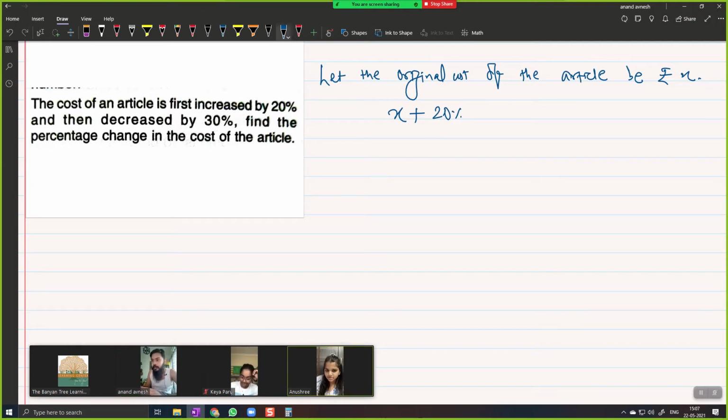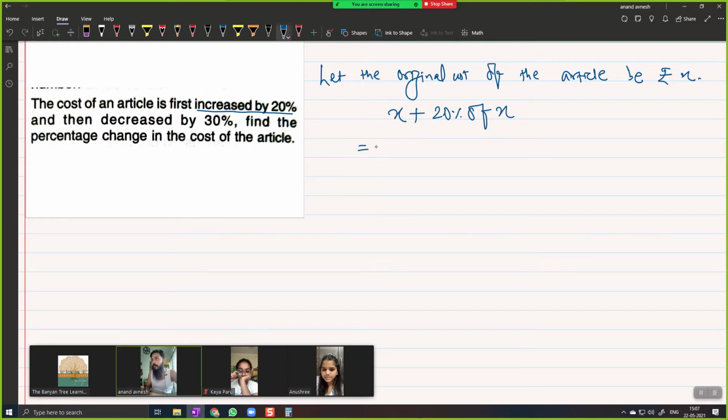No, it's correct, but 20% of x. So x plus 20% of x. We always write like that if you want to increase. So this is the first stage where we increase the cost by 20%.